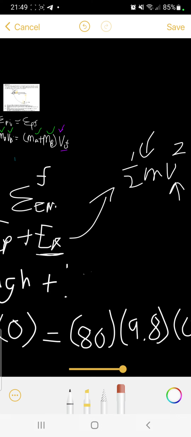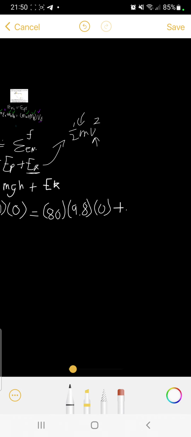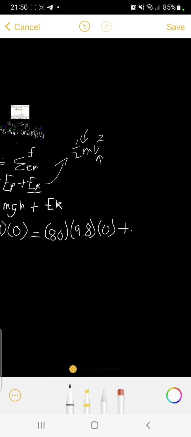So this 1 over 2 mv squared, we do not change it. We can just keep it as our EK, because that's what we're trying to solve. After we find our EK, we can go back to the formula 1 over 2 mv squared, and therefore proceed by getting the velocity of this guy. So it's that plus EK.